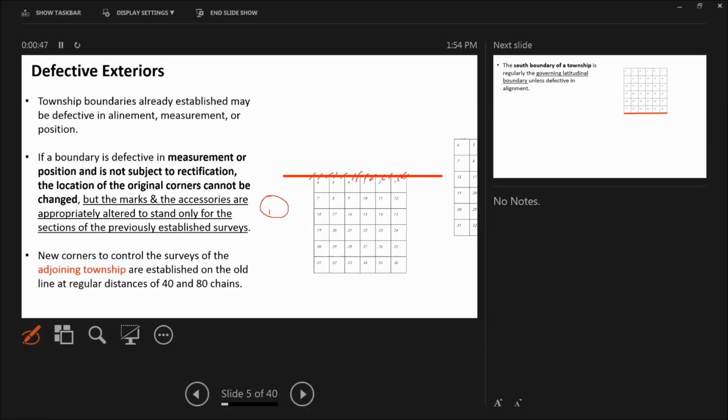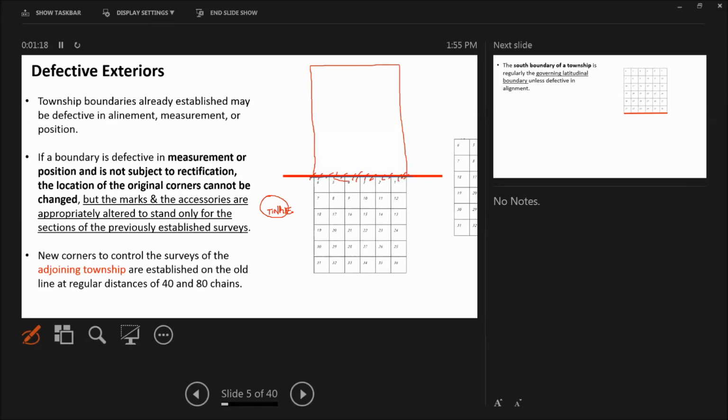Let's say, as I said, township 1 north, range 1 east. This is what you should see here, because this is township 1, for example. Now you are going to establish township 2, range 1. You are going to establish this township. We start, remember, from this line, this is our border line.